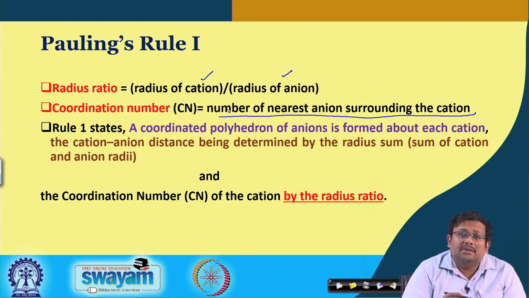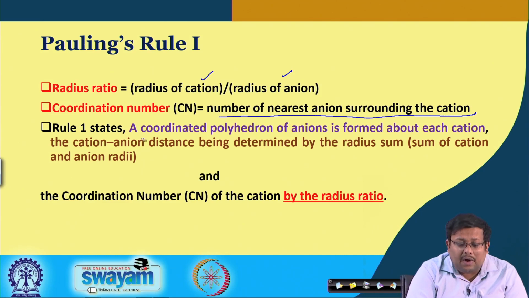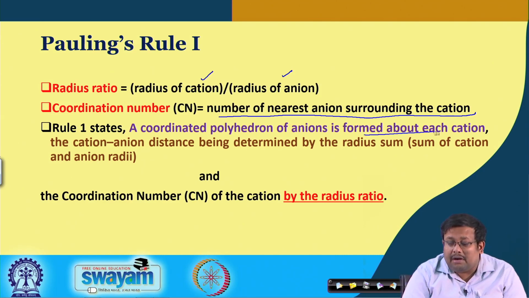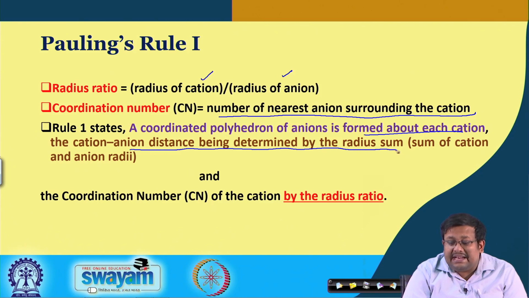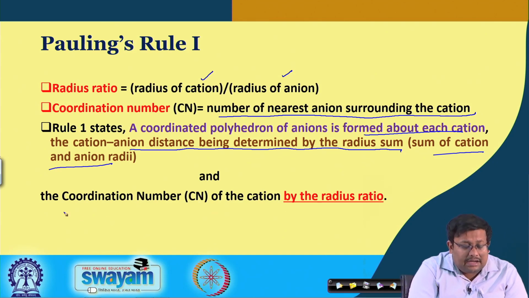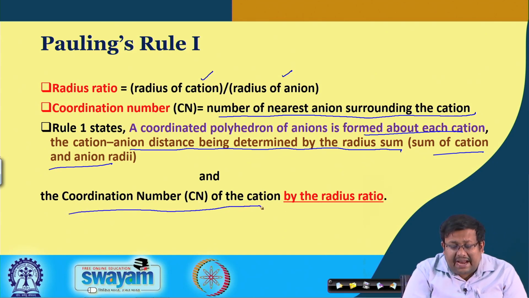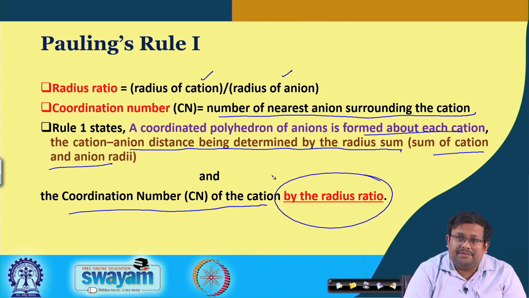So, what does rule 1 say? Rule 1 states that a coordinated polyhedron of anions is formed about each cation, the cation-anion distance being determined by the radius sum, which is the sum of cation and anion radii, and the coordination number of the cation is governed by the radius ratio.